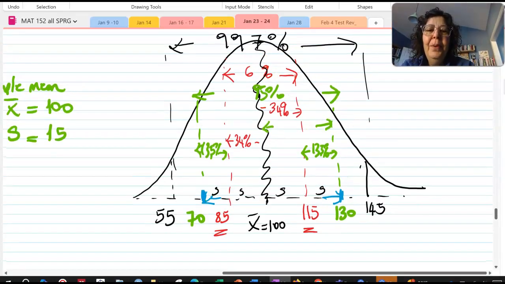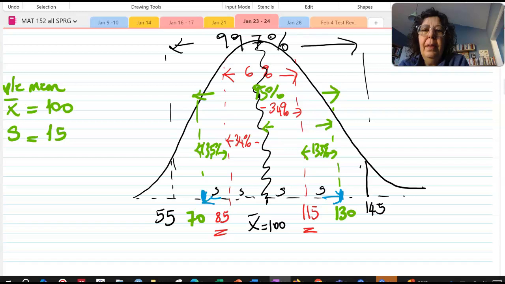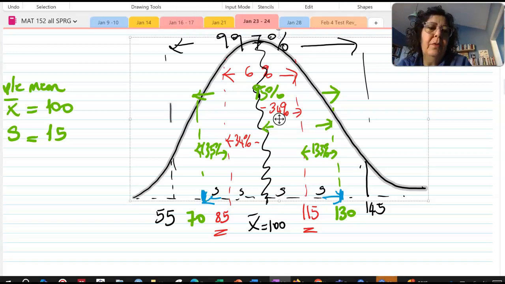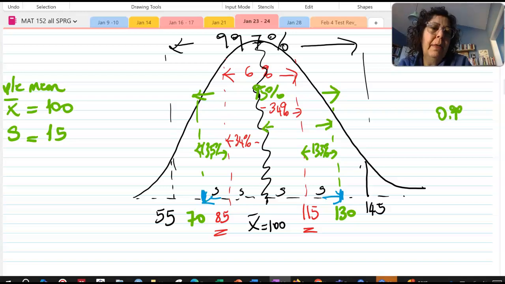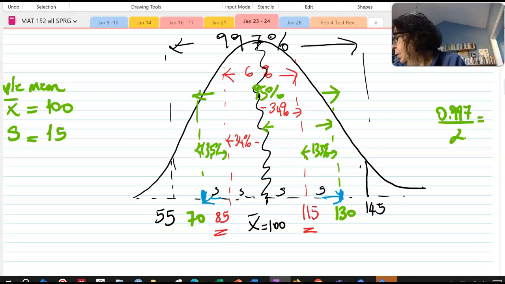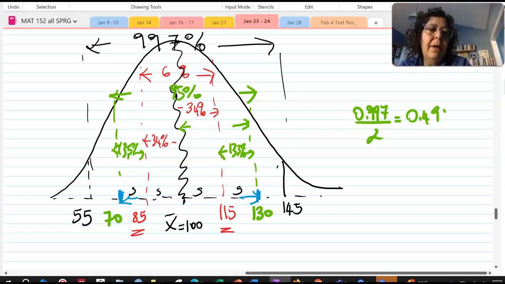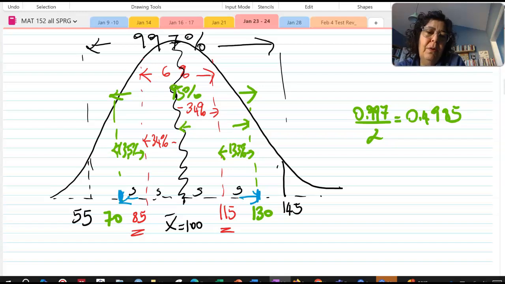All right, so if we do the same thing for 99.7, we're going 99.7% from 55 to 145. If you divide 0.997 by 2, you will get 0.4985. That 49.85% is going from 100 to 145.